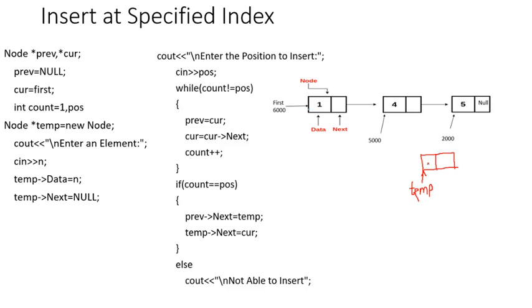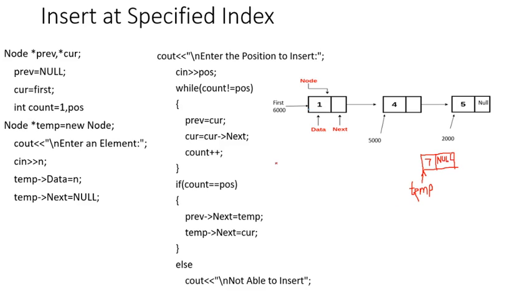That value is stored in the variable n, and then n is assigned to temp arrow data. Suppose the value of n is 7. So temp arrow data is equal to n, that is 7, and make its next part null using the statement temp arrow next is equal to null.